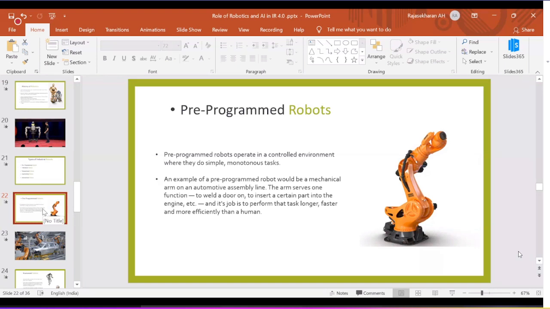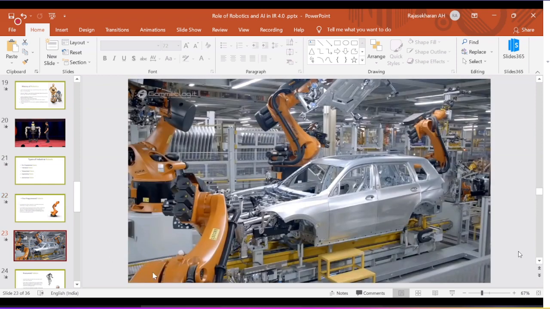These robots are used to do a particular job, only one job. For example, it can do welding, or just moving from one place to another. It can do only one job, but it can do it repetitively. It can repeat the job 24/7 unless the robot is switched off. So this is an example.